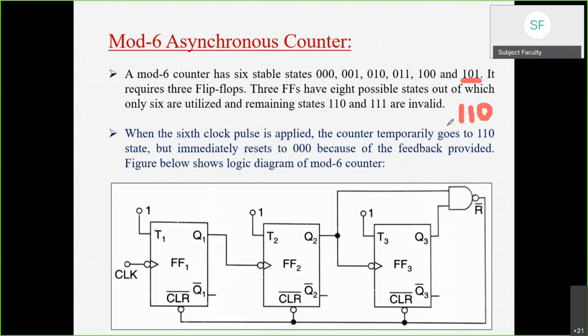So Q3 will be 1, Q2 will be 1, and Q1 will be 0. At this particular moment, Q2 is given to one of the inputs of the NAND gate, and Q3 is also one of the inputs to this NAND gate. So both inputs of the NAND gate become 1, 1, and this output will become 0.